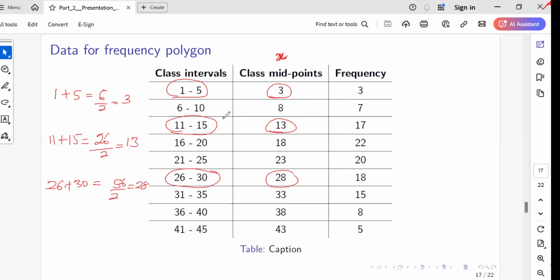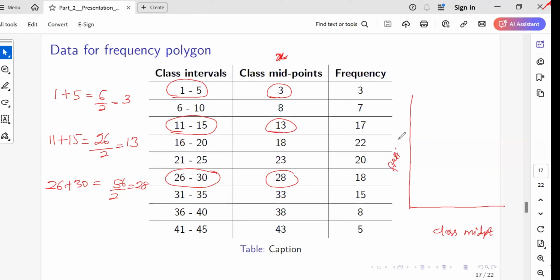Let's move on. We want to draw the frequency polygon. You need your y and then your x. Your x is going to be your class midpoint, and the y is the frequency.